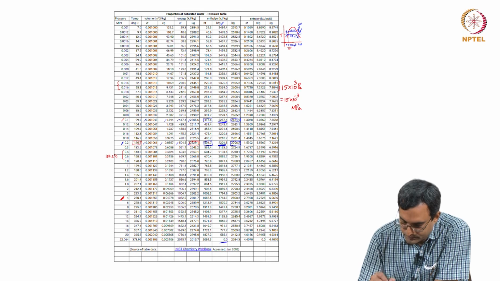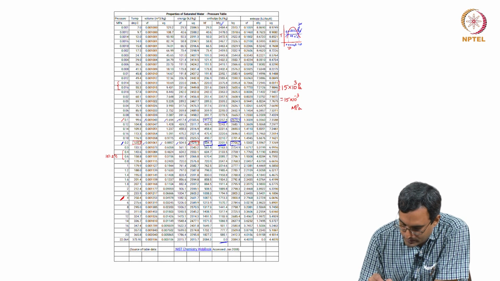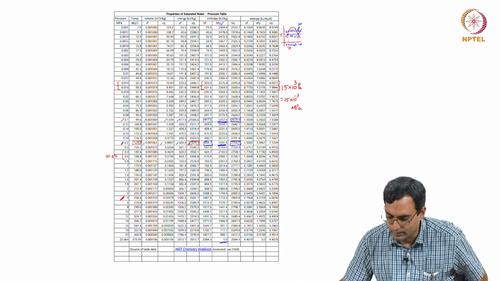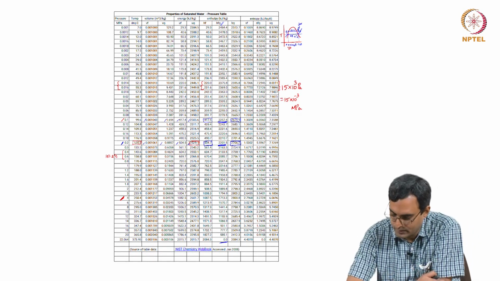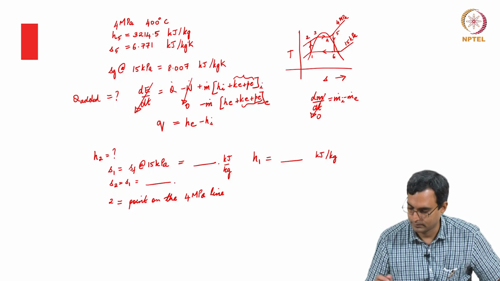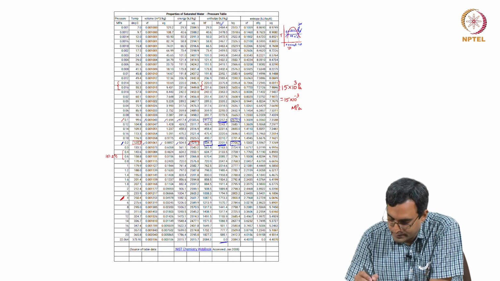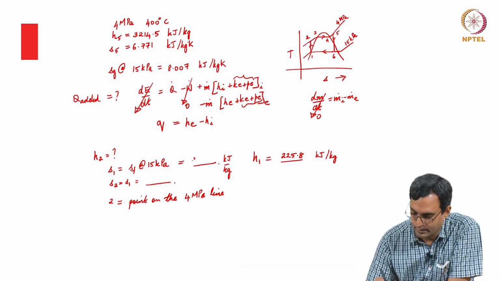We are again here. I want the liquid enthalpy, which is essentially these two. I have 220 and 231.6. So, the average of that would essentially be 225.8, which is the enthalpy. Then I have the entropy, which I had already found out somewhere, which is essentially 8.007.